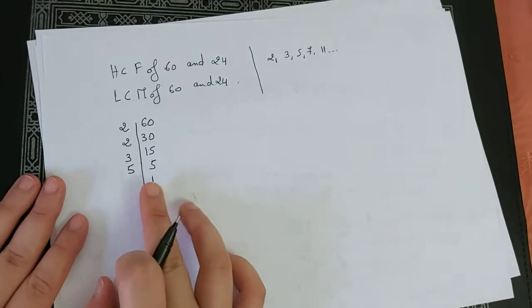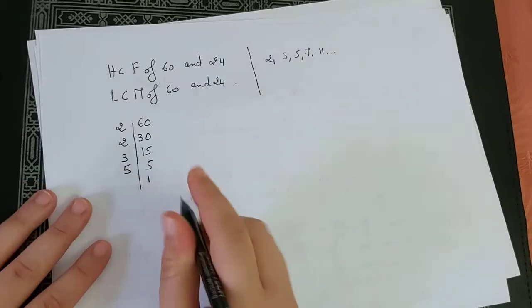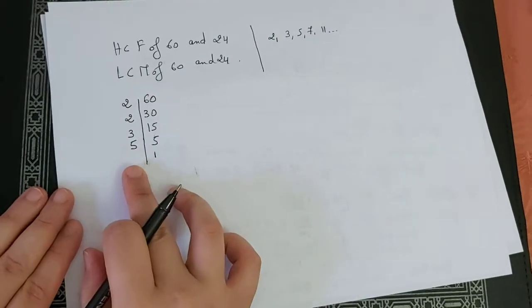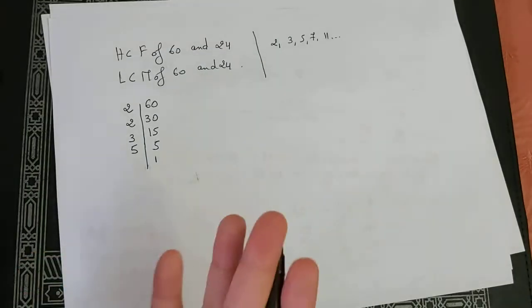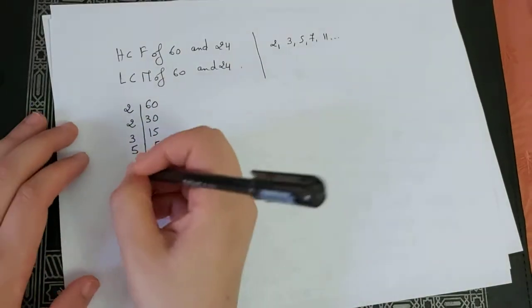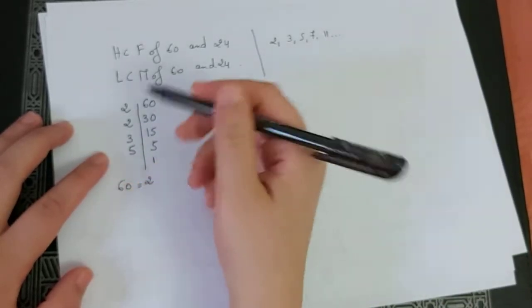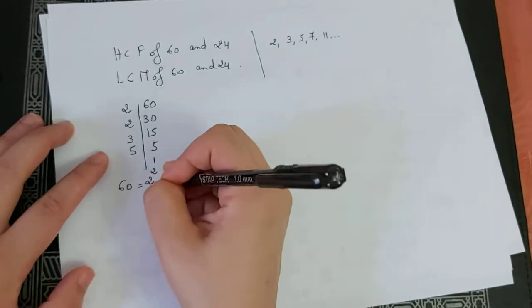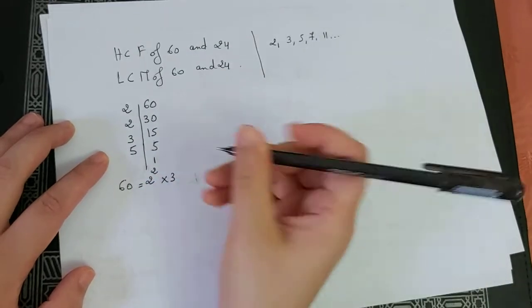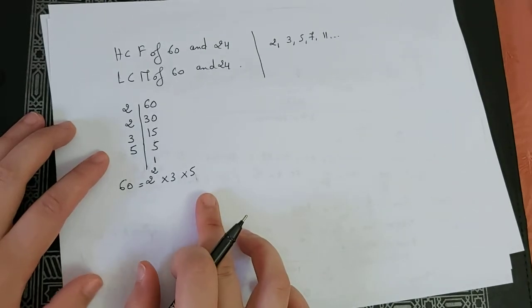Since I got 1 here, I don't have anything more to do. I just need to write this as a prime factorization, as the multiplication of all the prime factors. So I can write 60 as 2, and since 2 is repeated twice, it will be 2 to the power of 2, times 3, times 5. This is the prime factorization of 60.